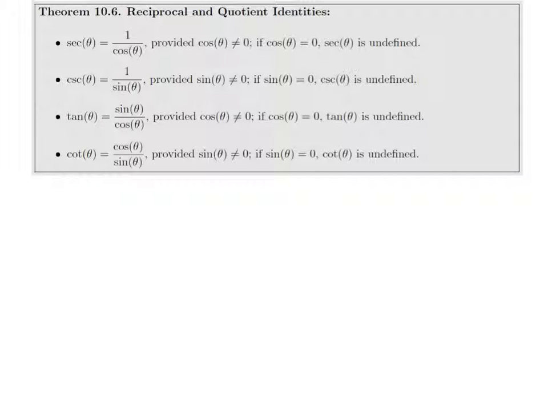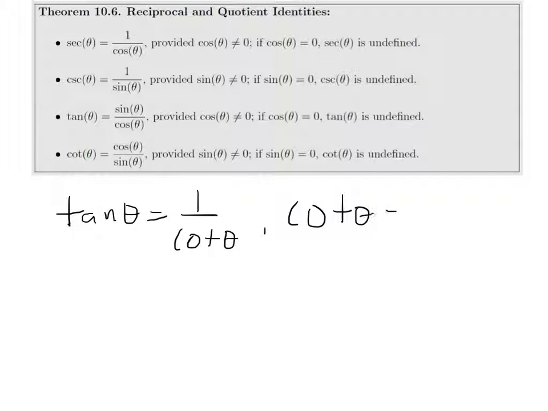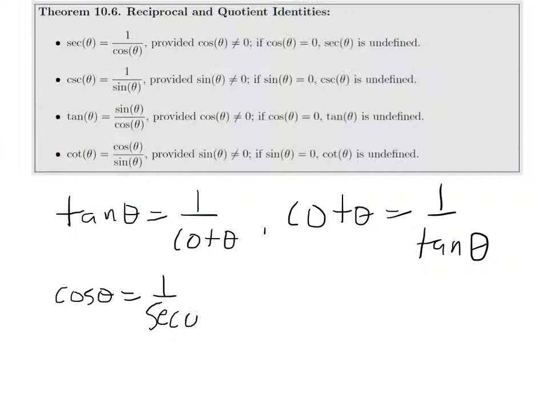There is another one, that would be tangent theta equals 1 over cotangent theta, and cotangent theta would be 1 over tangent theta. And the ones that they gave us, we could also rewrite them in terms of the other function, like cosine theta is 1 over secant theta, and sine theta is 1 over cosecant theta.